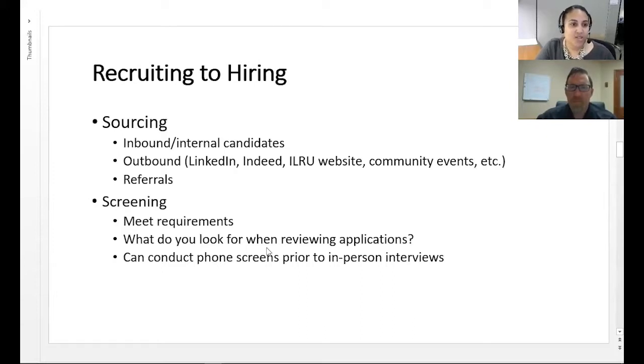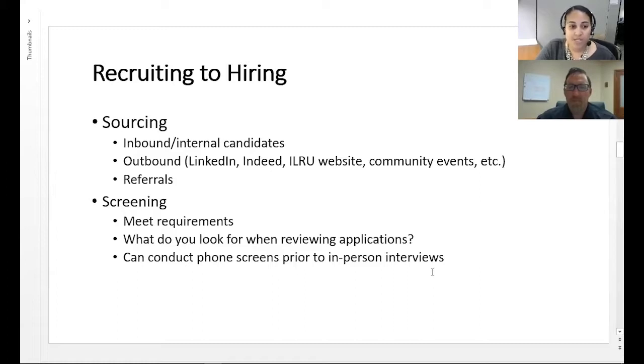All right, so when we're talking about recruiting and hiring, really the first step is to look at how you're sourcing candidates. So of course you can source them internally. And this is really great because those candidates are familiar with your organization already, and they're aware of your organizational culture. But you can also have outbound candidates. A lot of the time this will come when you post a job listing.